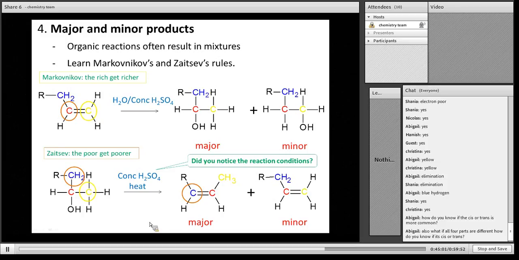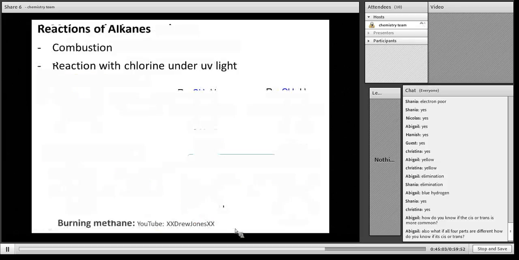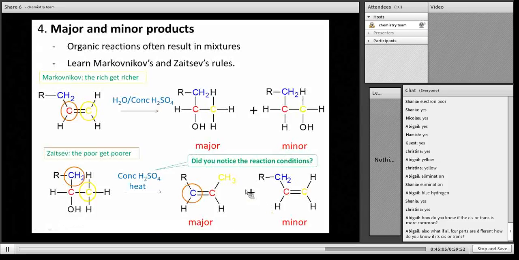Right, let me go back. Did you notice the reaction conditions? If you just said water, or just said concentrated sulfuric acid, you wouldn't be marked correct if you had to write the reaction conditions in. Do you notice how similar this is to that? But they do two totally different reactions.